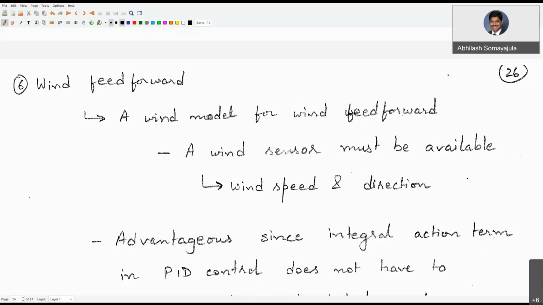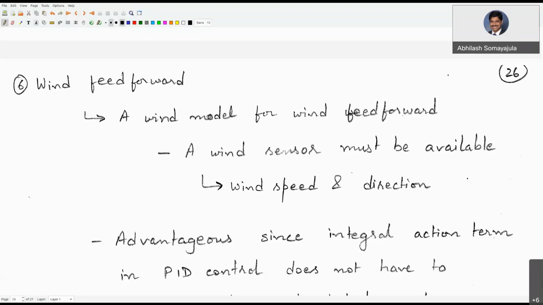So it is very common to see these sorts of wind feed forward systems put into place so that you can compensate for these dynamics ahead of time. If you remember the accident which happened with the Ever Given ship in the Suez Canal last year, there was a huge sandstorm which caused winds upwards of 50 meters per second, which caused the ship to suddenly veer off course and then get wedged in the Suez Canal channel.